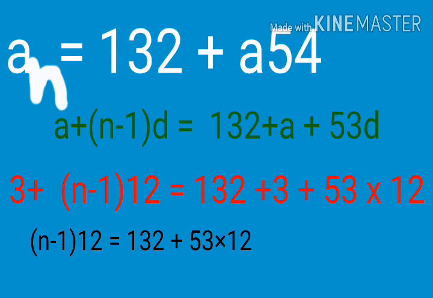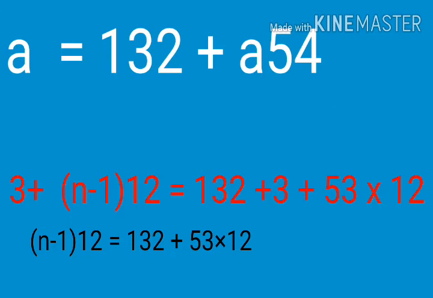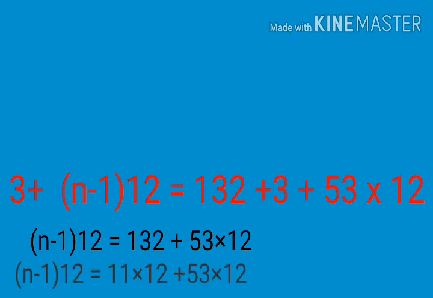Then here we can write 132 as the product of 12. We can check that. We can divide 132 by 12. Then what we will get? 132 by 12 is 11. So we can rewrite that 132 as 12 into 11. So now n minus 1 into 12 equal 12 into 11 plus 53 into 12. Now we can take 12 from both terms.